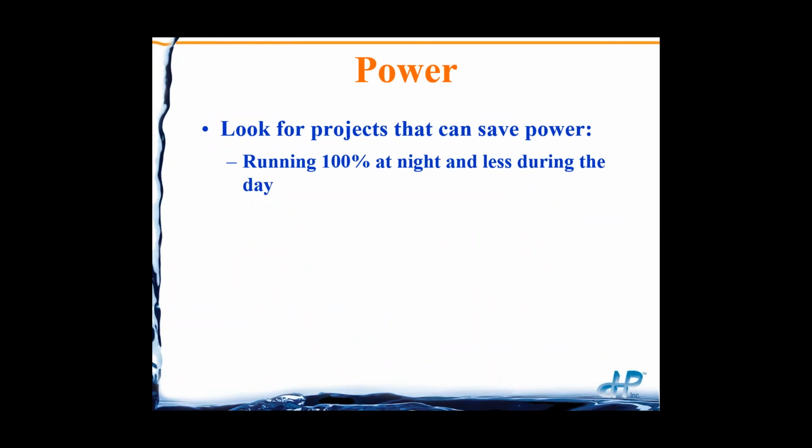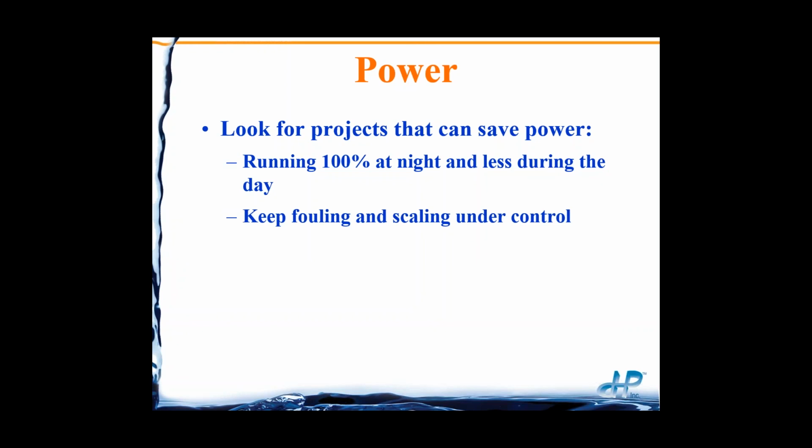This may not be available to all of you, but for some, it's certainly a higher level decision, but there are huge plants today that are running 100% at night and less during the day, just to keep the cost of power down.